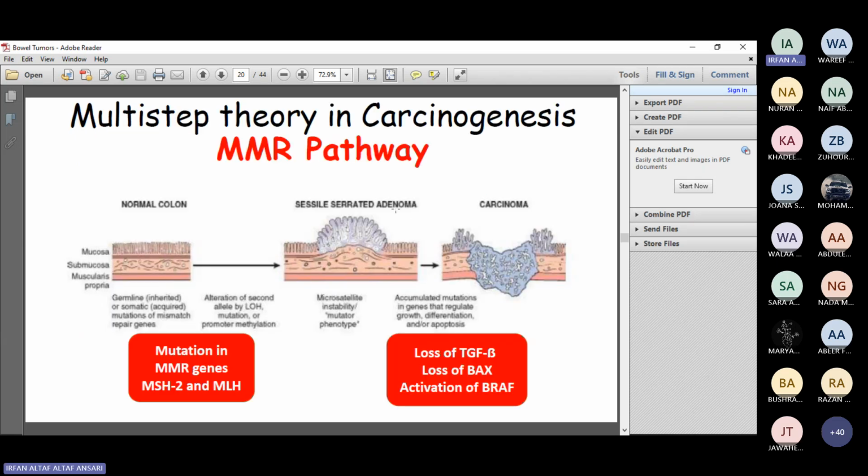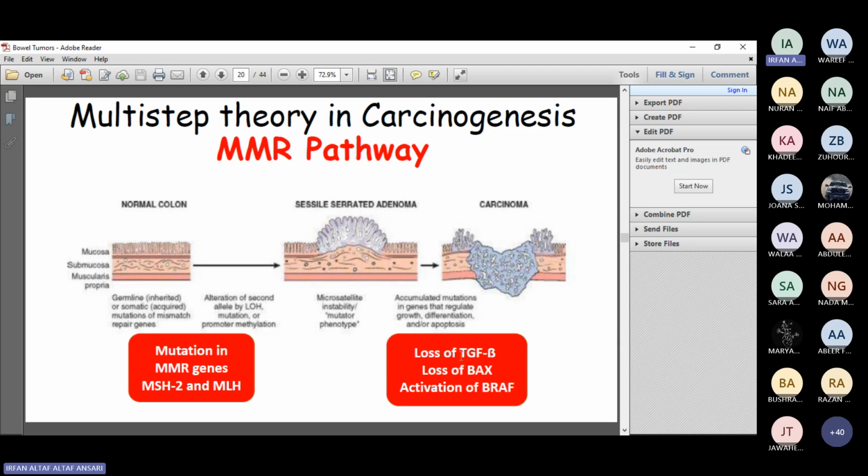So this is the MMR pathway, or mismatch repair gene pathway, or microsatellite pathway. There is normal colon mucosa, then mutation in the repair genes MSH2, MLH1, and here you get the sessile adenoma. Then there is continuous microsatellite instability and accumulation of other mutations which regulate growth, like oncogenes and tumor suppressor genes such as TGF beta, BAX, and activation of BRAF.